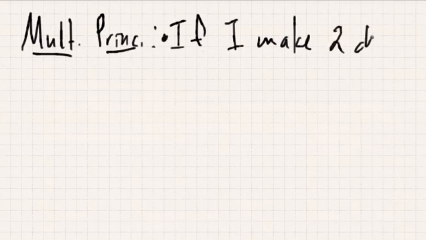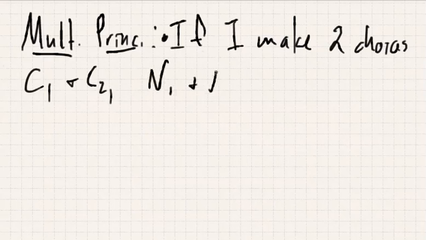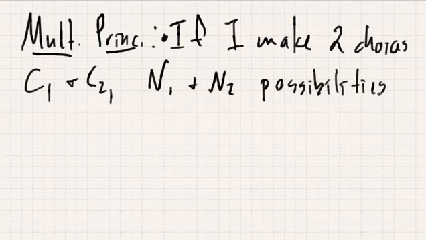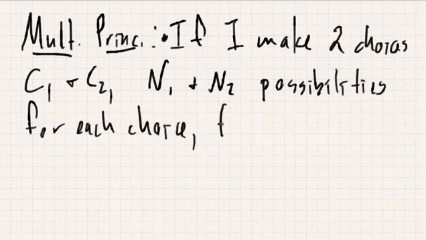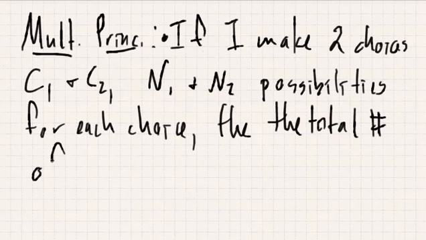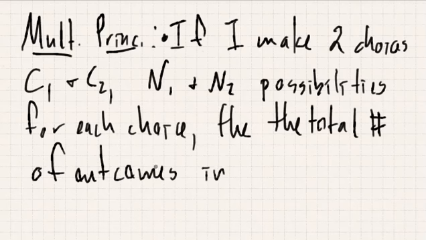If I make 2 choices, C1 and C2, and if there are N1 and N2 possibilities for each choice, then the total number of outcomes is just the product of the 2 different numbers. Outcomes is N1 times N2.